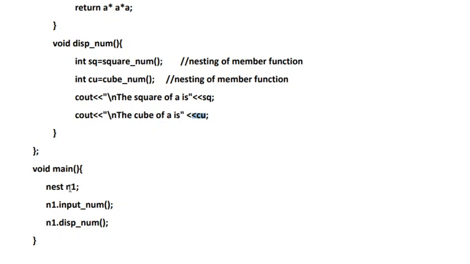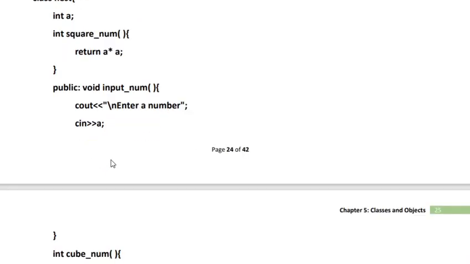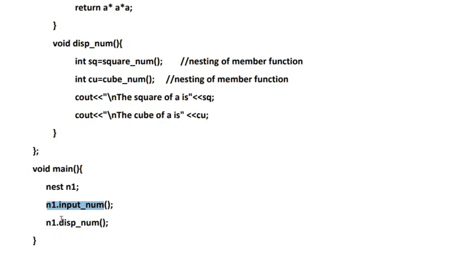Now here I have declared an object of type nest. N1 is an object of type nest. Using N1, I have created a reference to the input num function. So N1 dot input num will execute input num belonging to N1, in which the value of a is read. After that, we invoke display num of n1.